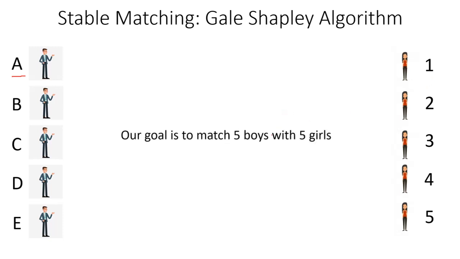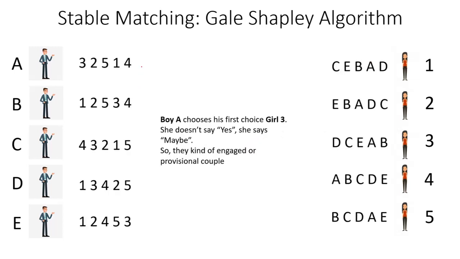So again, the goal is the same. We need to match 5 boys with 5 girls. And of course, each boy has his own preference list, as well as the girls have their own preference lists.